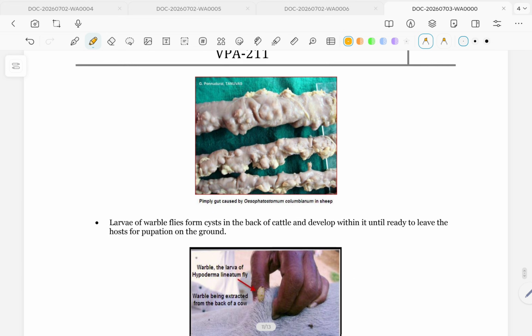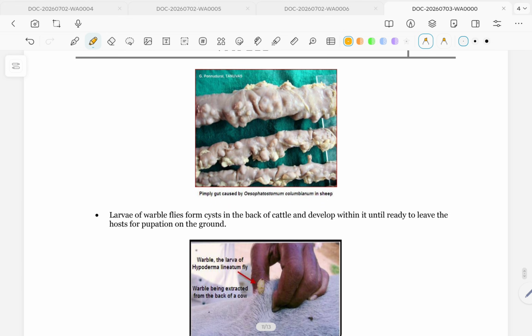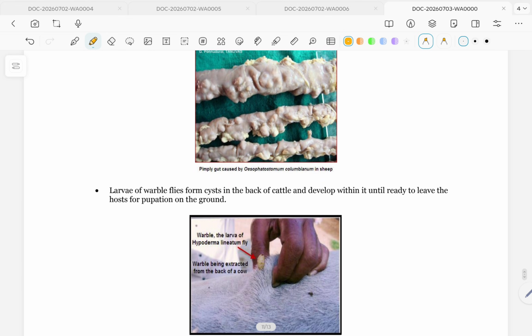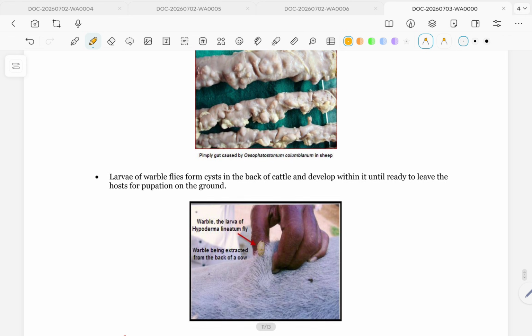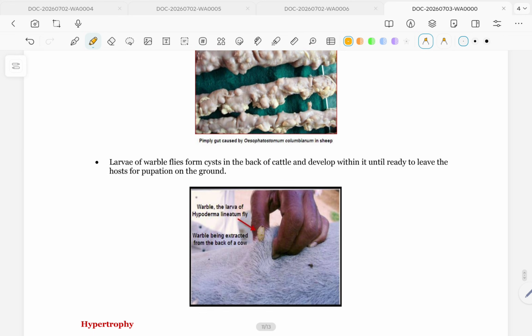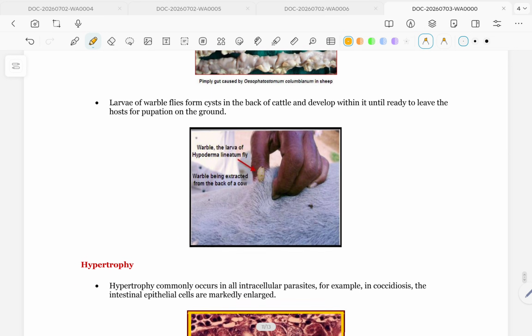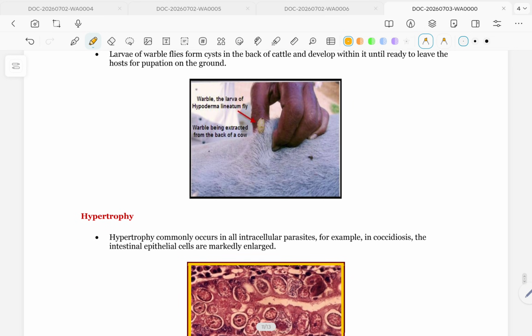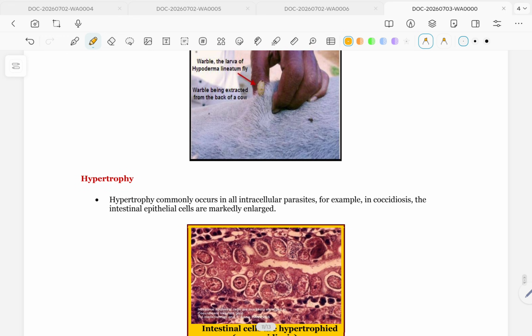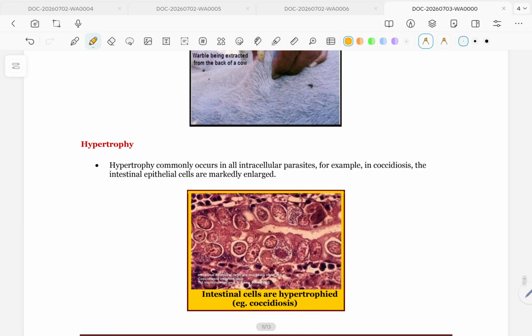Larvae of warble flies form cysts in the back of cattle and develop within them until ready to leave the host for pupation on the ground. Hypertrophy. Hypertrophy commonly occurs in intracellular parasites.